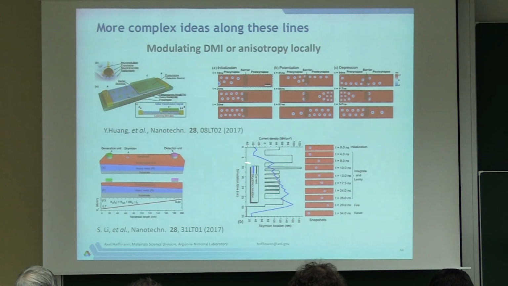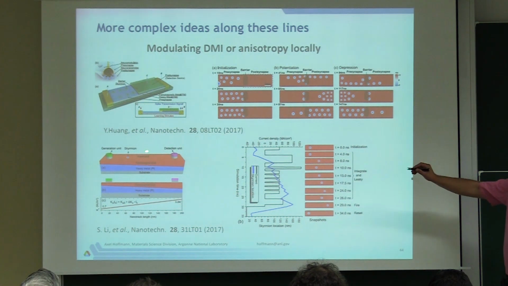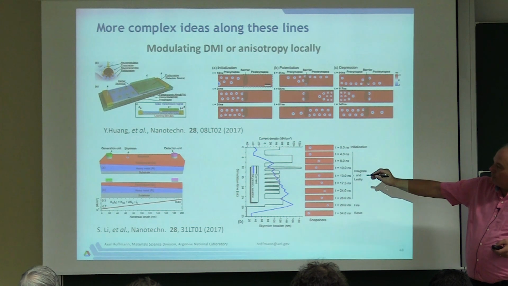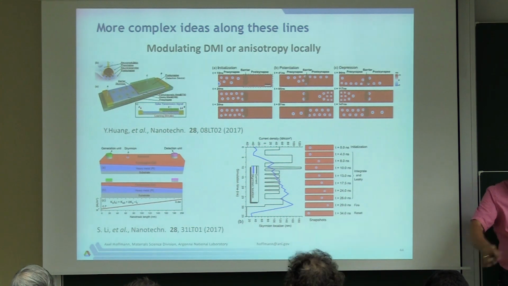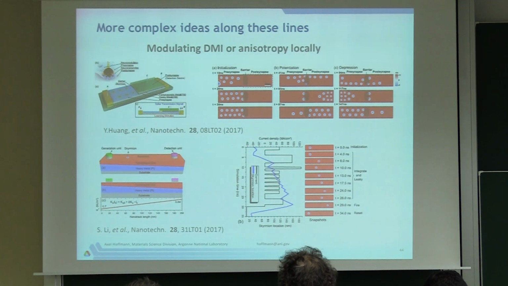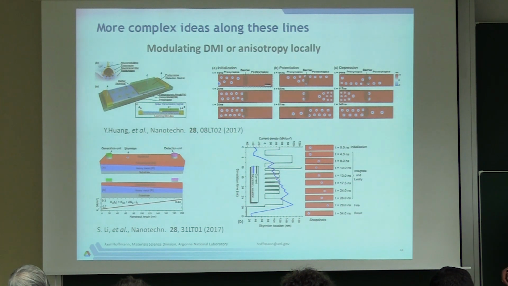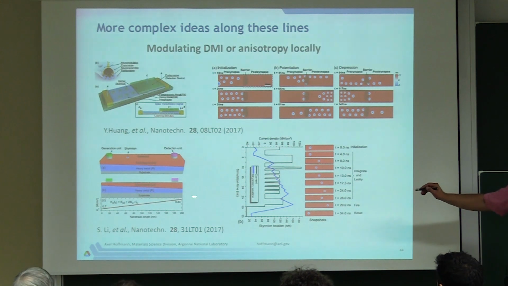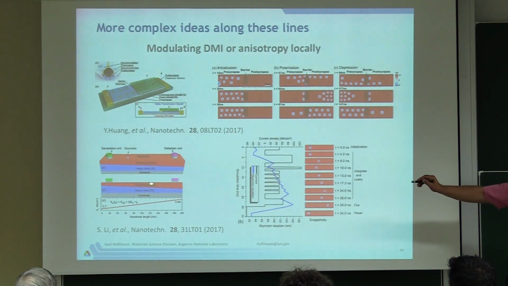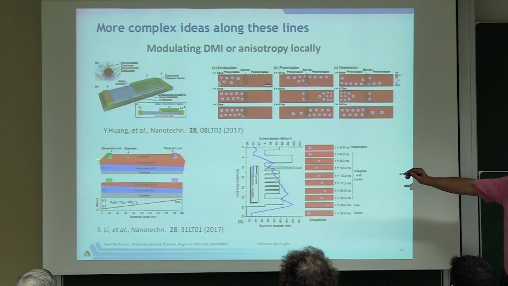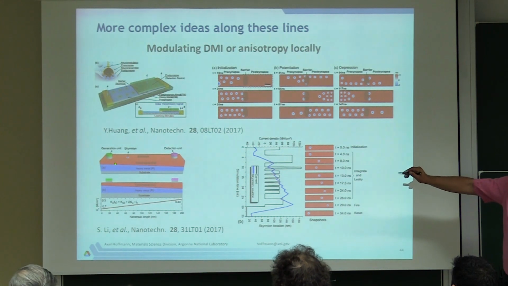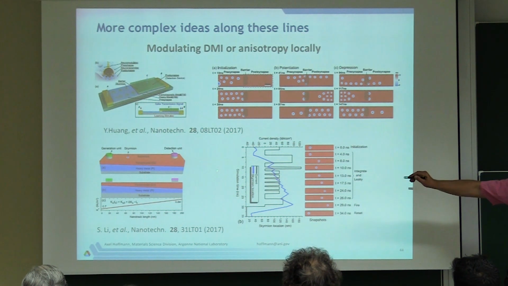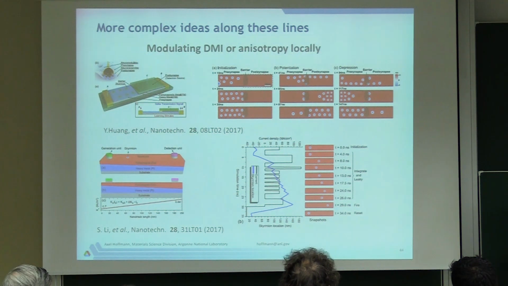In a different vein, there's a suggestion of making materials with graded thicknesses, which then continuously tune things like anisotropies and Dzyaloshinskii-Moriya interactions. What that gives you is a very shallow angled potential where if you put a skyrmion in here, it really likes to be on this side. If you now use a current pulse, you can move it to the right. If you switch the current pulse off, it slowly walks back.